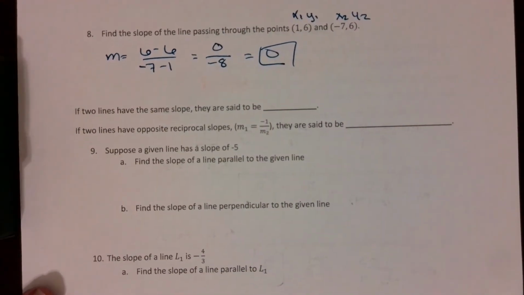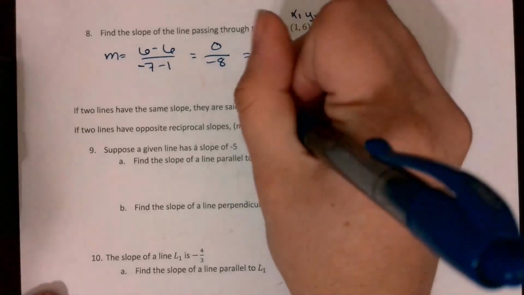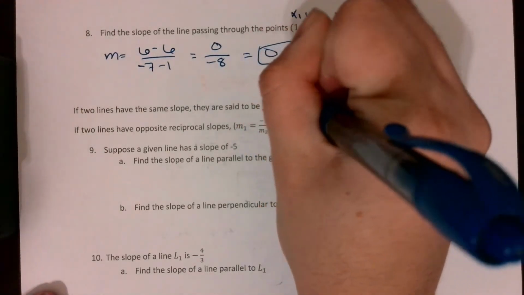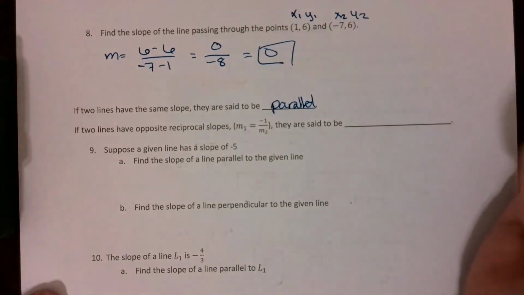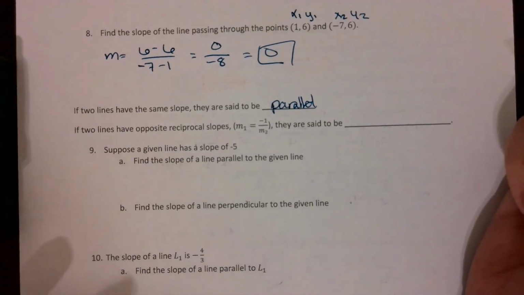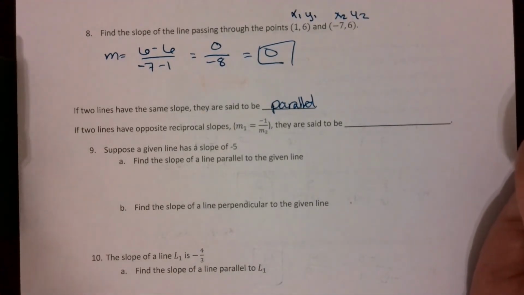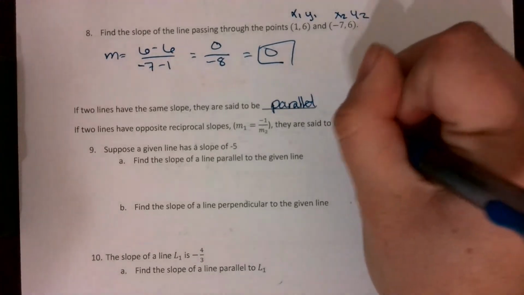If two lines have the same slope, they're said to be parallel. If they have opposite reciprocal slopes, so I have opposite signs, and one is the flipped fraction of the other, they are said to be perpendicular.